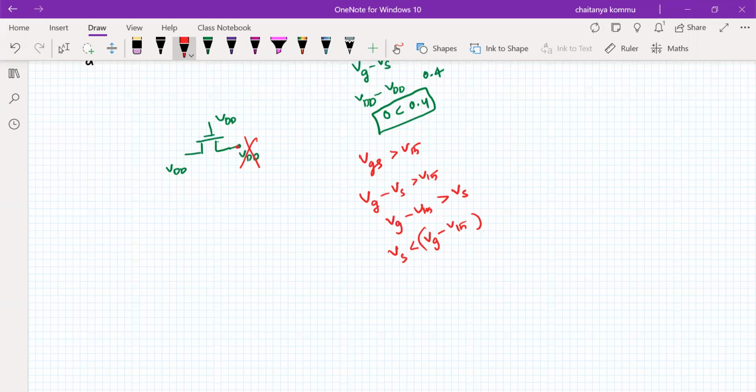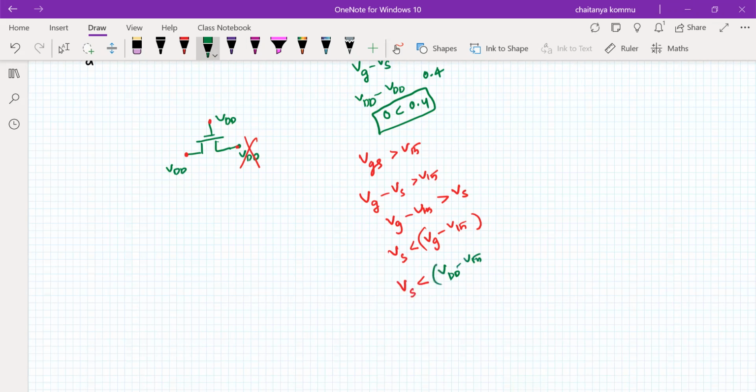Then we can make sure the transistor is on. According to this situation, if the gate is at VDD, what is the VS value here? VS is less than VDD minus VTH.